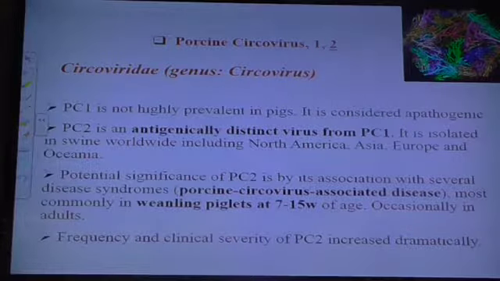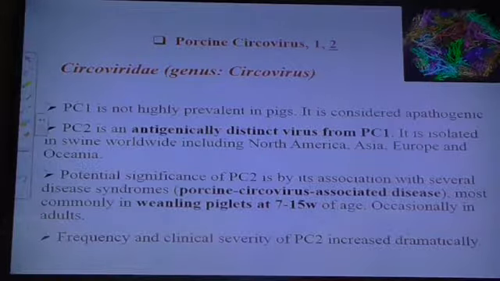So this has porcine circo, it has also two types, porcine circo 1 and porcine circo 2. And it's porcine circo 2 which we are interested in. Porcine circo 1 causes a mild disease.